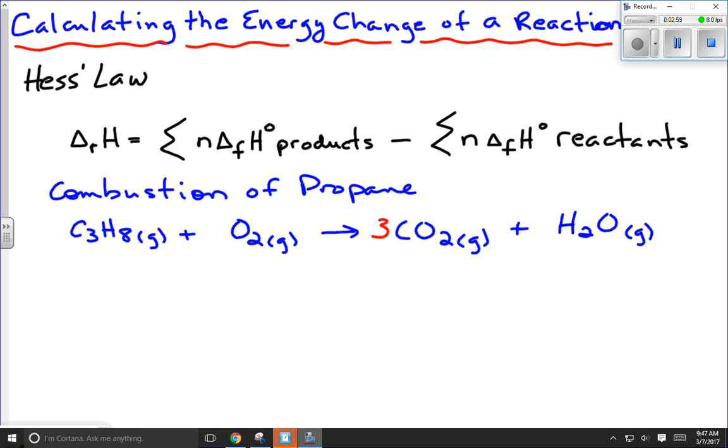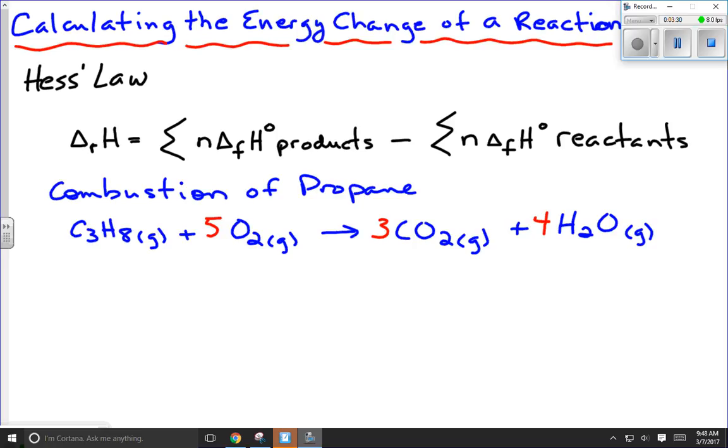We have 8 hydrogens on the reactant side, so we would need 4 times 2 to make 8 hydrogens on the product side. Now, we'll take the oxygens on the product side. We'll work backwards here. We've got 3 times 2 makes 6 oxygens, plus 4 times 1 is 4 more. 6 plus 4 is 10. Because they come in groups of 2 on the reactant side, we would just need 5 times 2 to make that chemical equation balance. Again, in Science 30, that's going to be done for you.